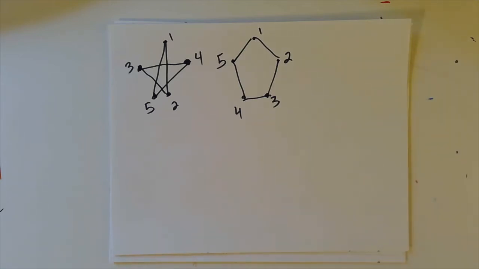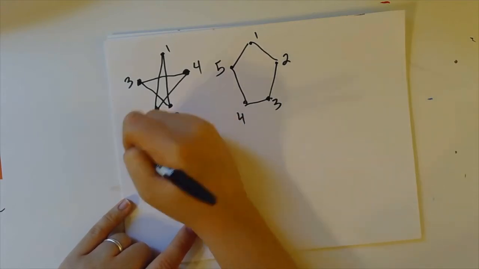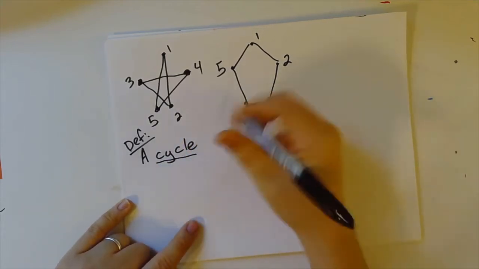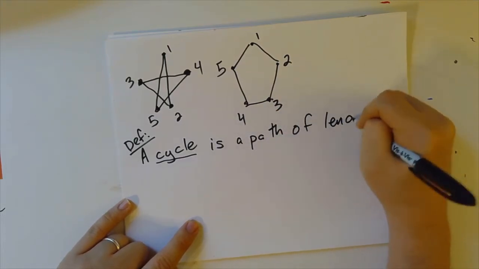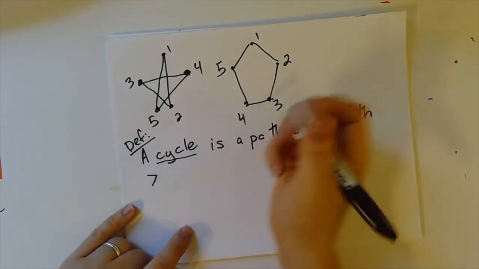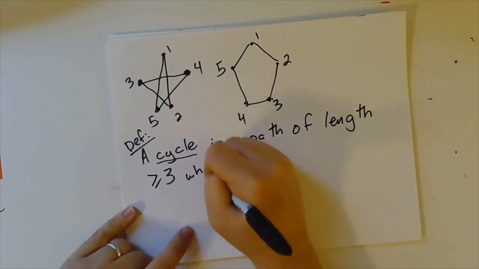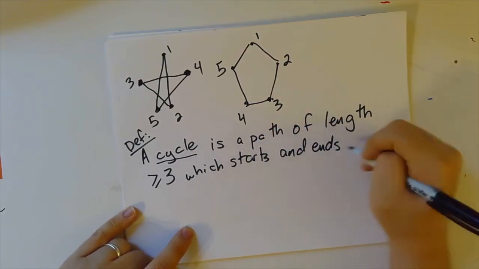Okay, so next, I want to define a cycle. So a cycle is a path of length greater than or equal to 3, in fact, which starts and ends at the same point.